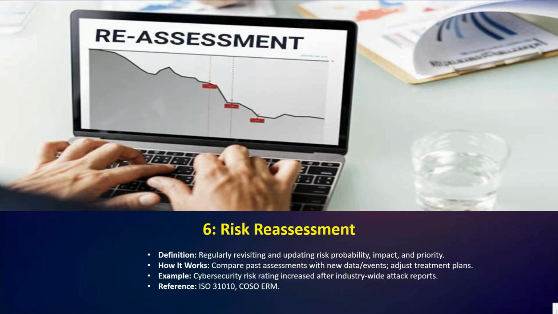They compare past assessments with the current project conditions to see if any changes are required. Risk priorities and treatment plans are then updated to reflect the new situations. Here we have the example: cybersecurity risk rating increased after industry-wide attack reports. I hope this is clear.